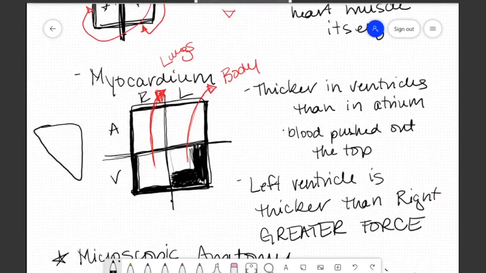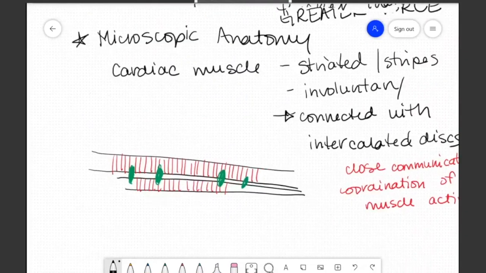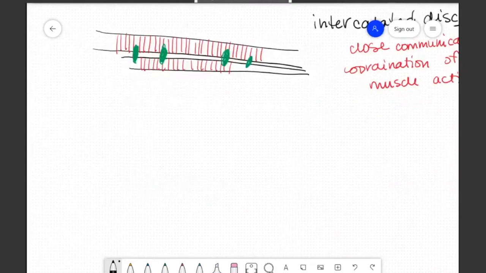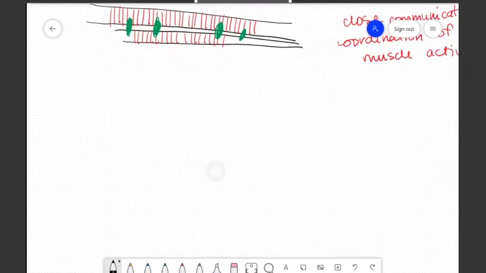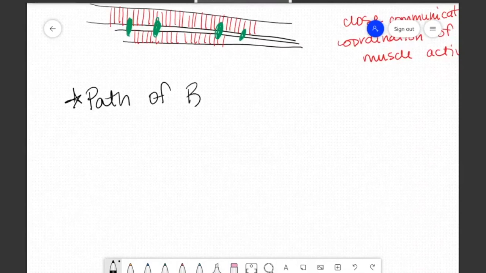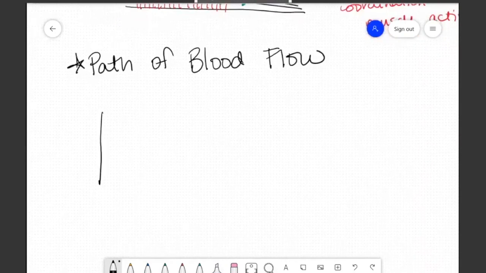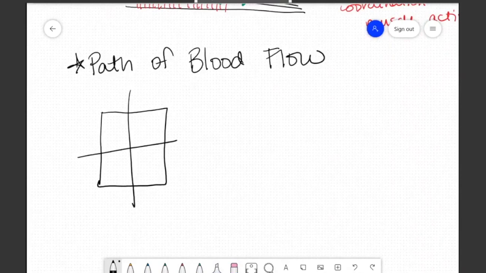Okay, so the last thing we're going to talk about is going to be path of blood flow. How does the blood actually move through the body? So we have talked about it from the perspective of this with our right atrium, left atrium, right ventricle, left ventricle.